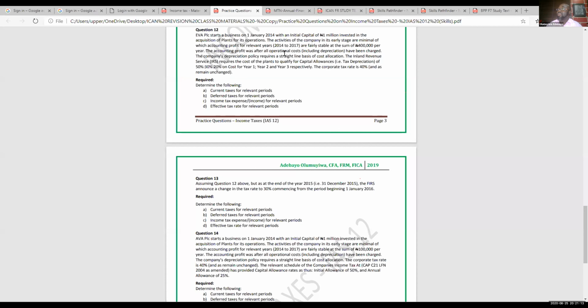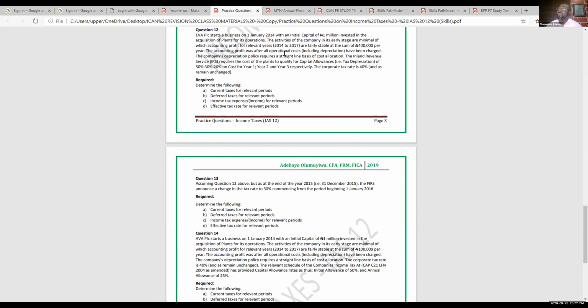This plant cost 1 million naira, in which that cost is admissible and accepted for tax purposes. Invariably, the capital allowance is to be claimed over a period of 3 years for these assets: 50% on the cost for year 1, 30% on the cost for year 2, and 20% on the cost for year 3.